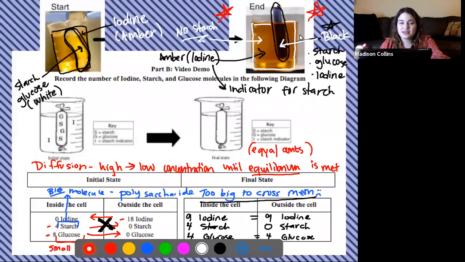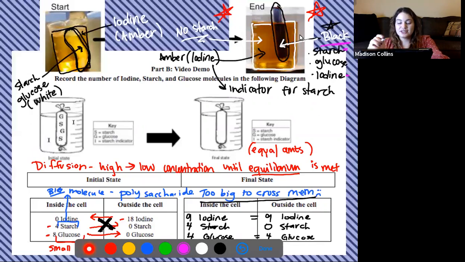Right? So in our ending result, outside the cell, we had iodine and glucose. And inside the cell, we had starch, glucose, and iodine. And because iodine met starch, the ending color here was black.